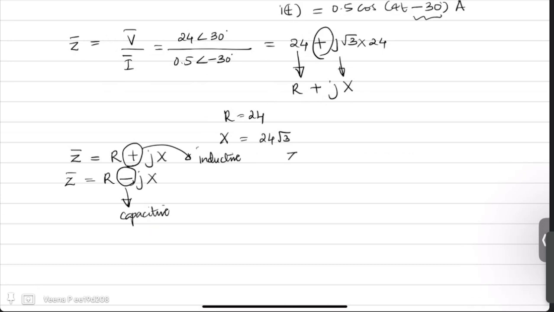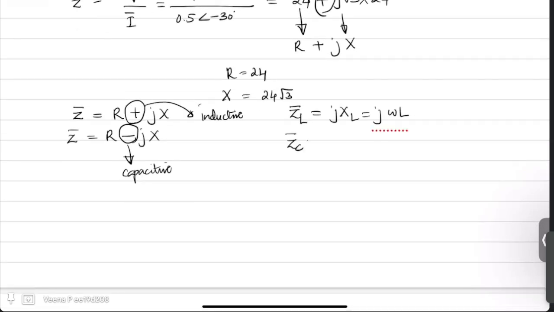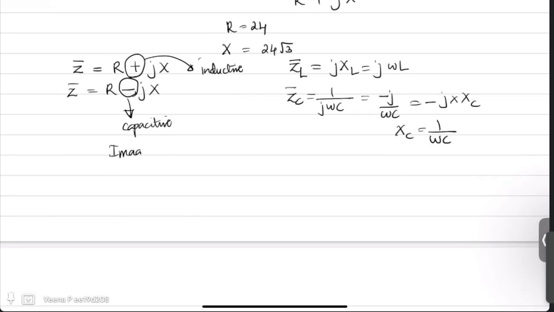Because for an inductor, the inductive impedance is jXL, where XL is omega times L. For a capacitor, the capacitive impedance ZC is 1 by j omega C, or it is minus j by omega C, or minus j into XC, where XC is given by 1 by omega C. So if the imaginary part of the impedance is negative, then the circuit is capacitive.